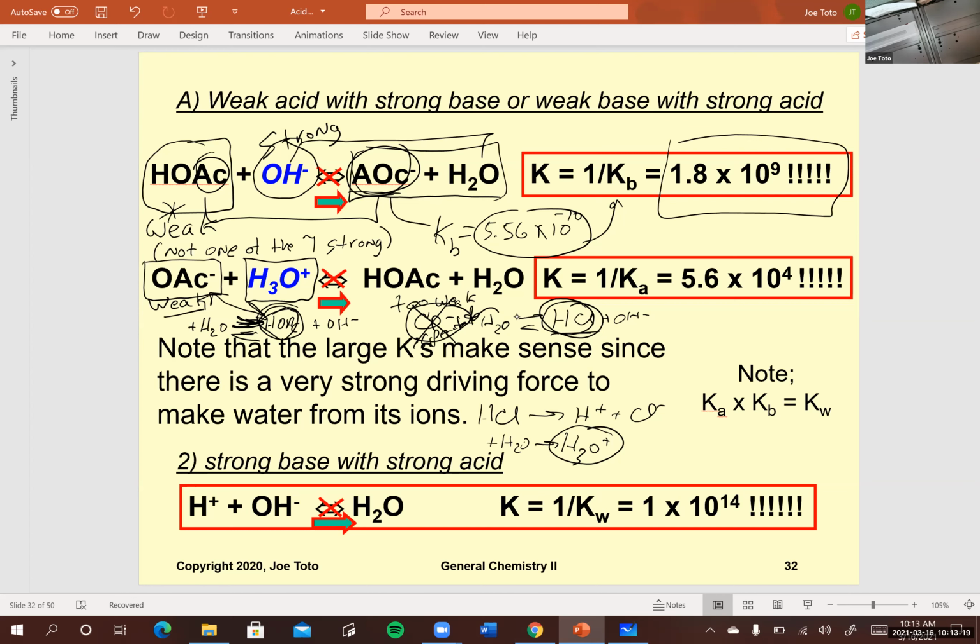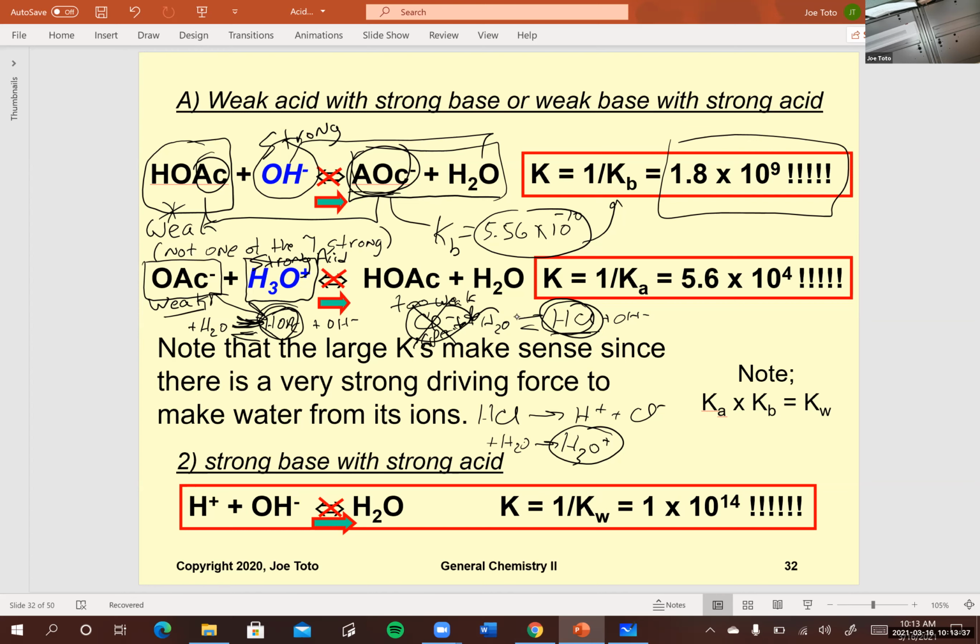Okay, so I'm going to label this also as a strong acid. It's an alternative representation of any of the strongs.